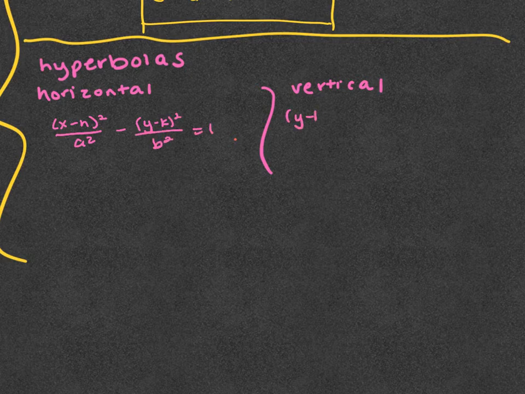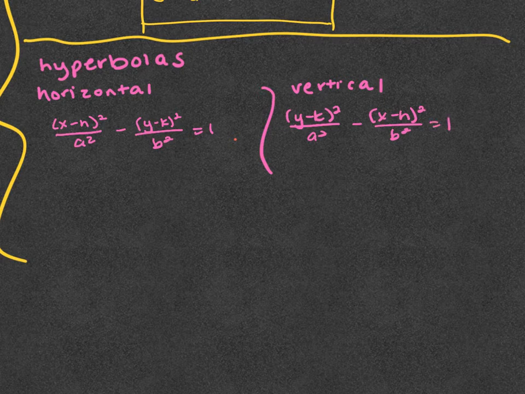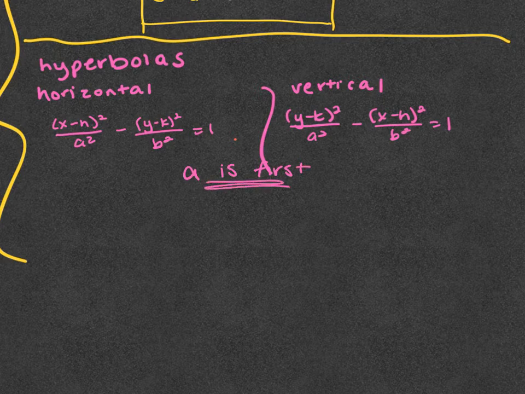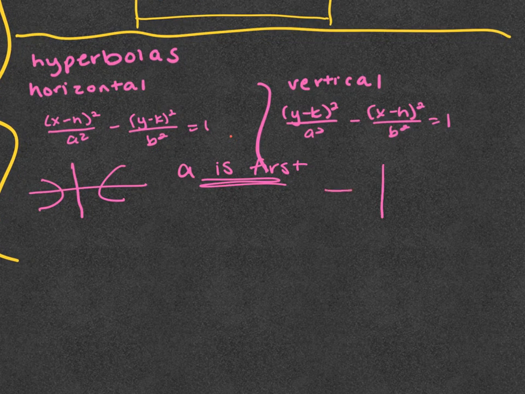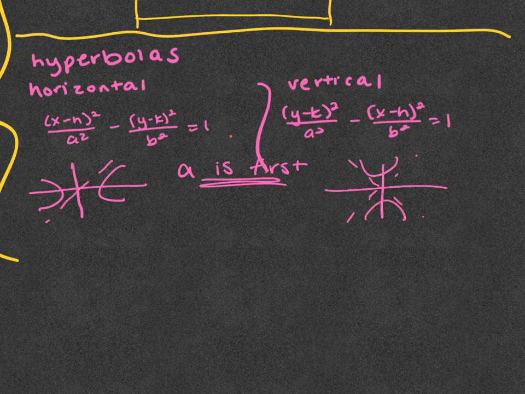For the vertical, the y comes first. So this A is first. These would be pointing this way, and these would be this way, with your asymptotes like this and like this.